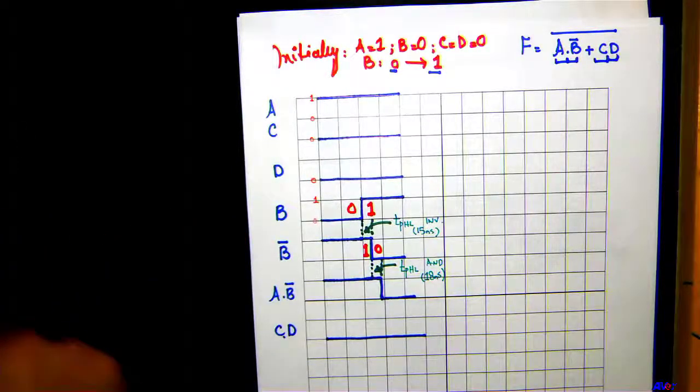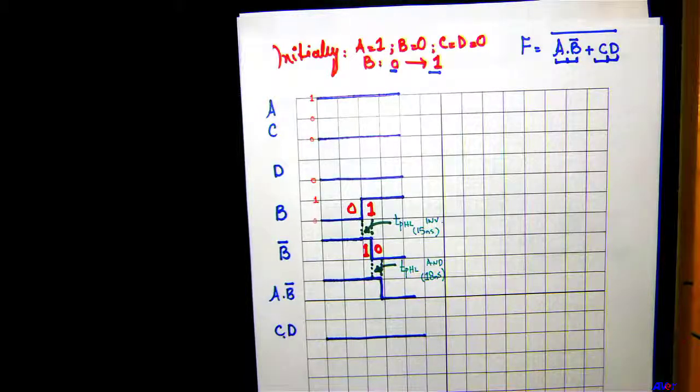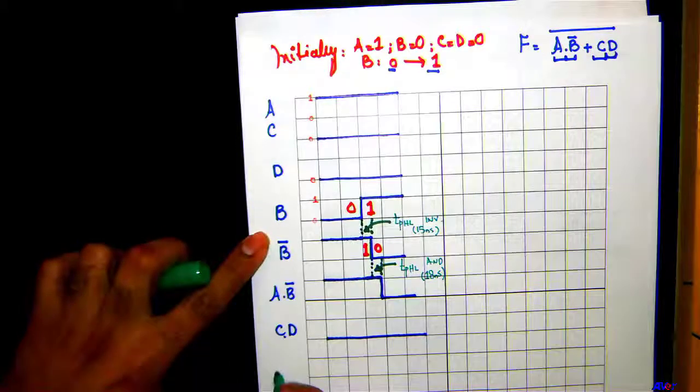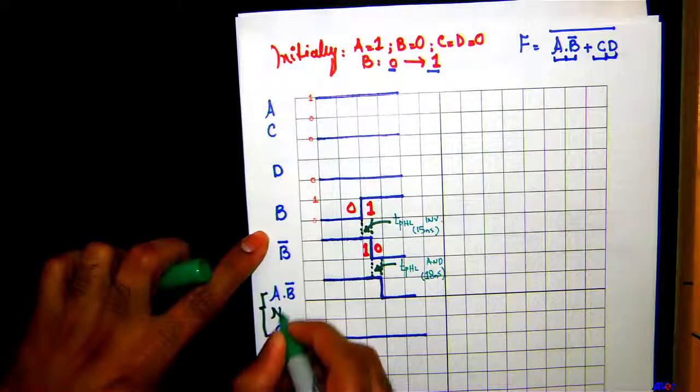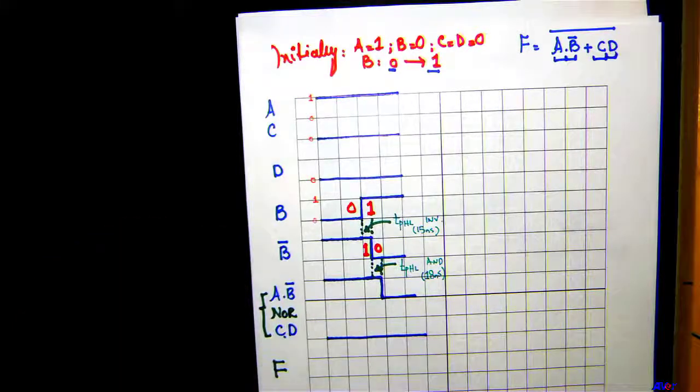Okay, and now I'm going to move on to the last part, which is F. It's making a NOR gate. So basically it's between these two, and it's making a NOR gate. Okay, what's the property of a NOR gate, folks? If any input is high, the output is going to be 0, correct?